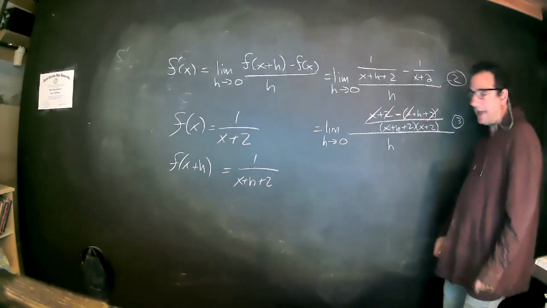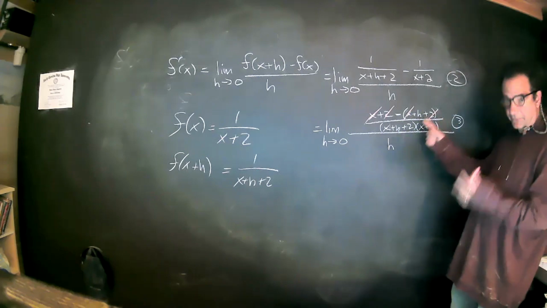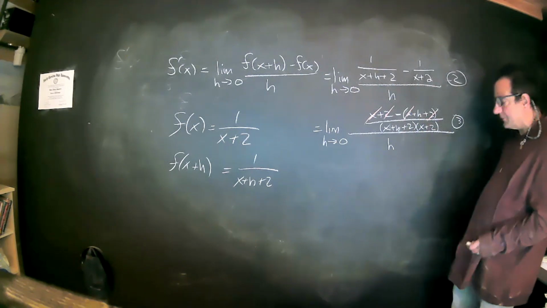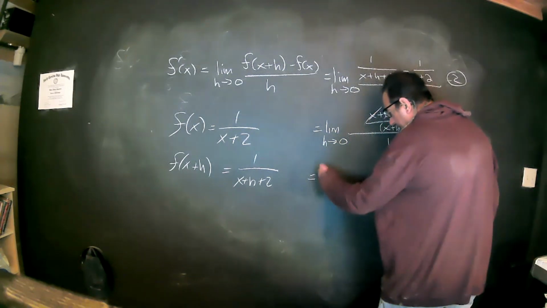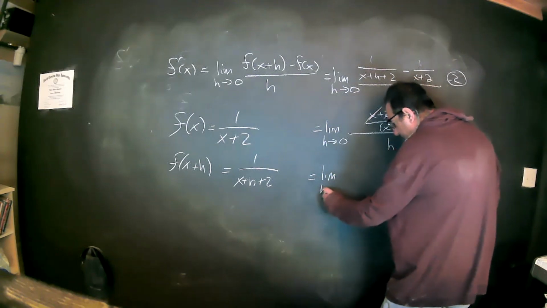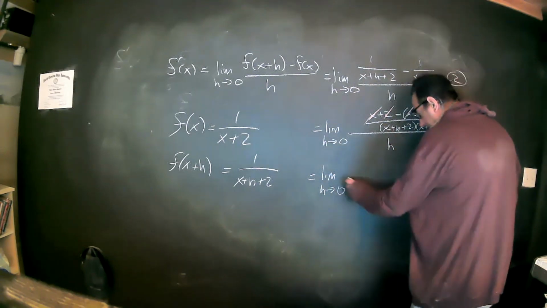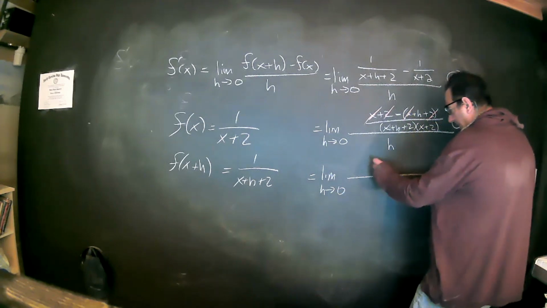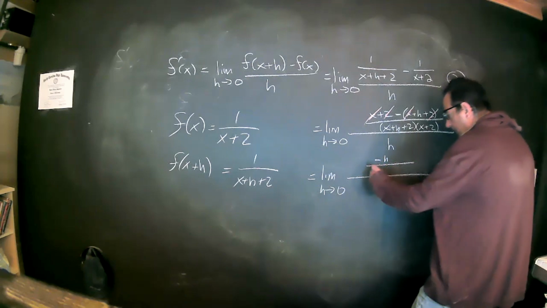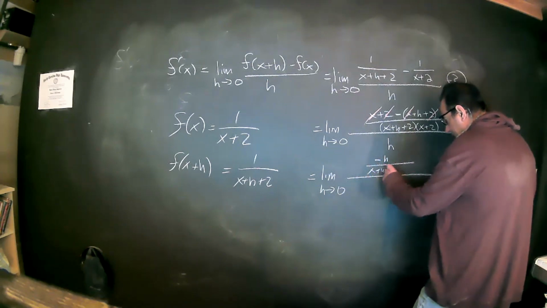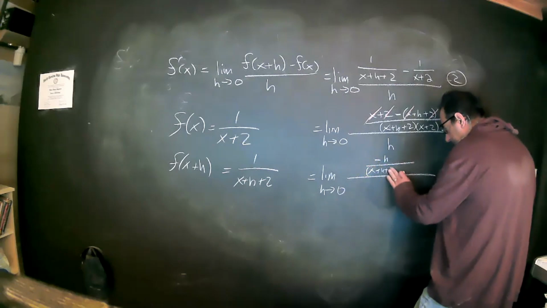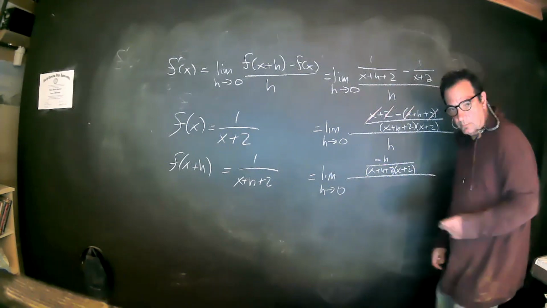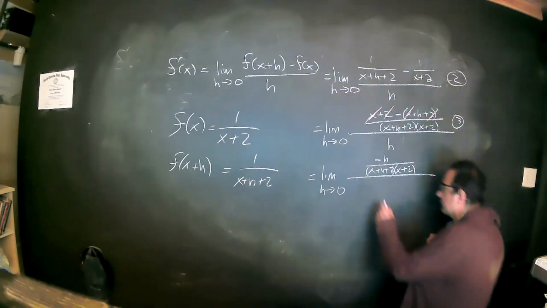So all we're going to get in the numerator of this fraction, the fraction upstairs, is negative h. That's all that survives. So we have the limit as h approaches 0 of, I'll still get a fraction in the numerator, but it's not too bad: negative h over x plus h plus 2, times x plus 2, all over h.